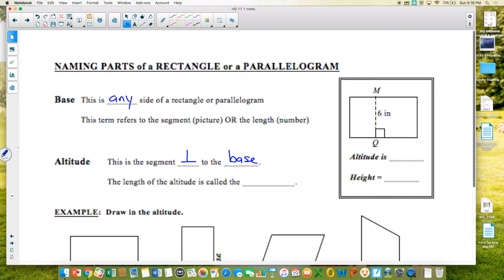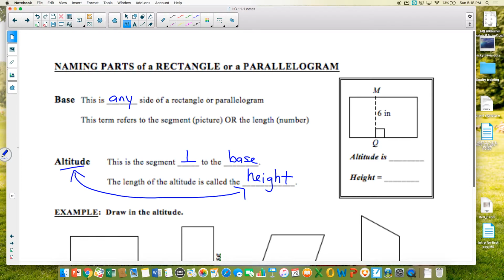So depending on how the shape is flipped, the altitude or base could be on any side of the shape or any part of the shape. And the length of the altitude is called the height. So whenever we're referring to height, we're talking about perpendicular distance, not anything else. So height and altitude go together.